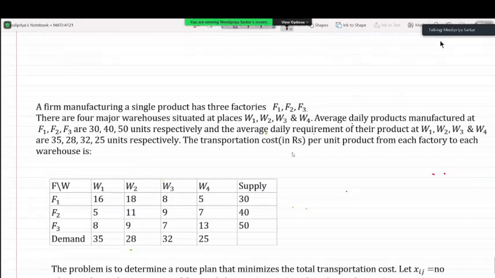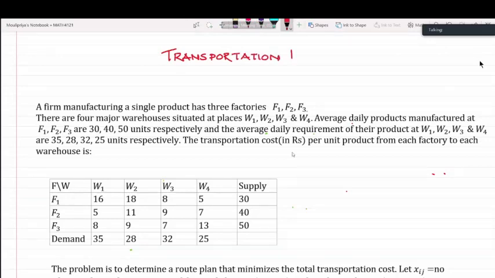Now we will be moving to a special type of linear programming problem known as the transportation problem. I'll tell you how this is a special type of linear programming problem.